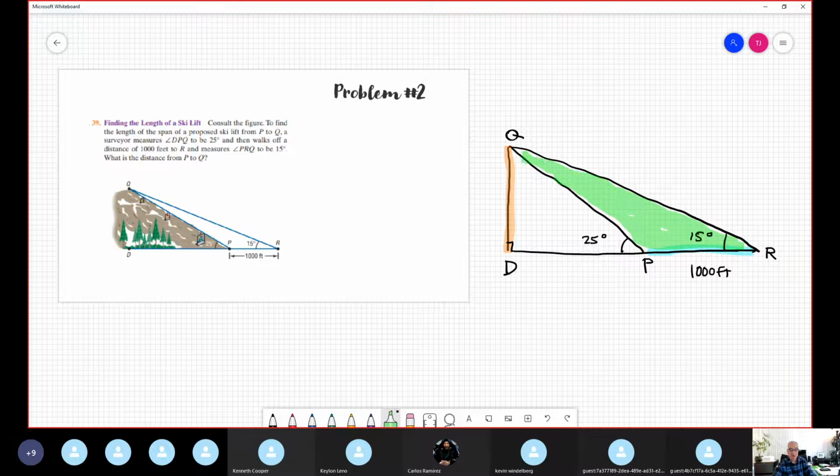So I can find this angle, because this angle is supplementary with 25. So the angle QPR is 180 minus 25 because it's supplementary, right? Makes sense or no? Yes.